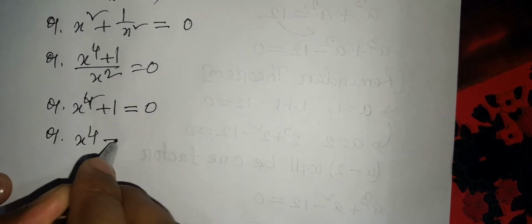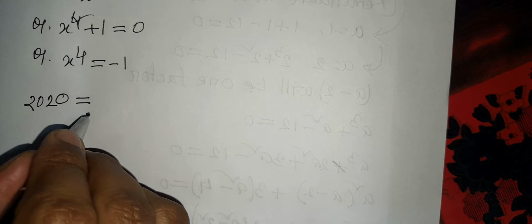Solving this equation, x to the power 4 plus 1 over x square equals 0. Now we can write x to the power 4 plus 1 equals 0. So x to the power 4 equals minus 1.